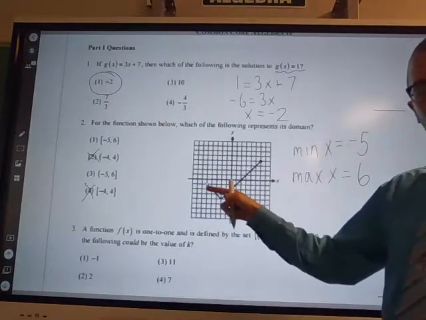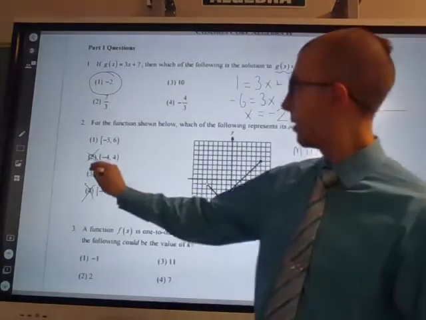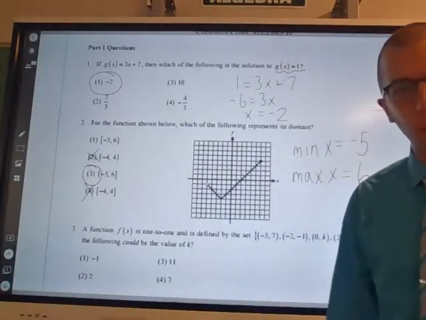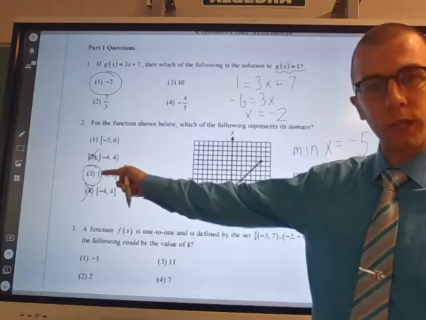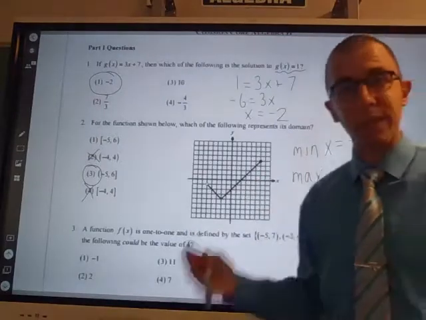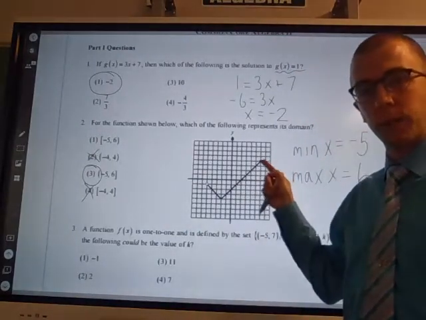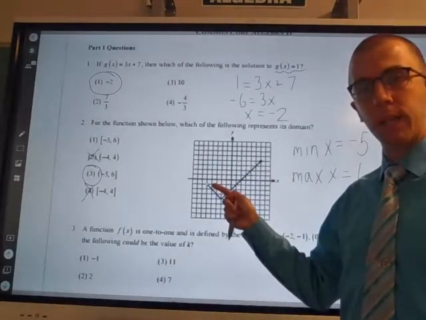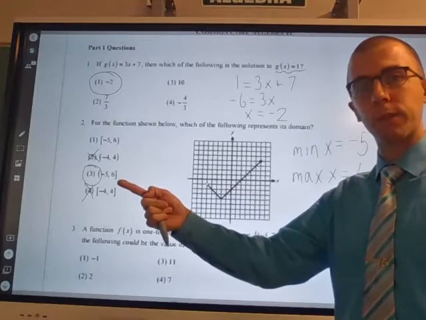So when x is -5, that is not part of the domain, which means this should be choice 3. That curved bracket means -5 is not included, but the domain goes all the way through to 6, including 6. Curved bracket for -5, straight bracket for 6.